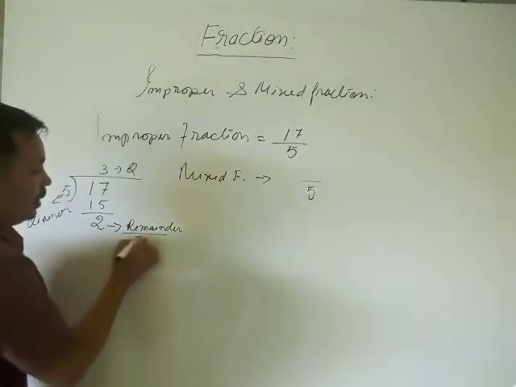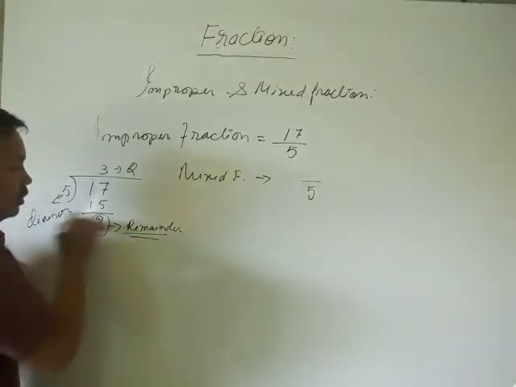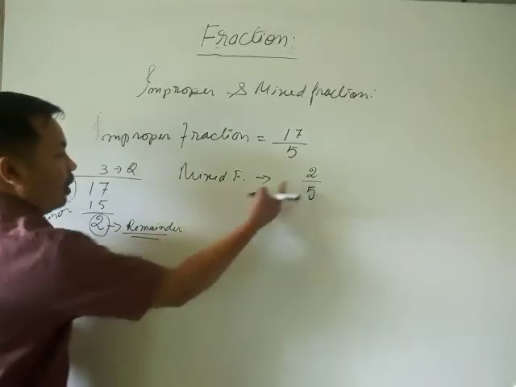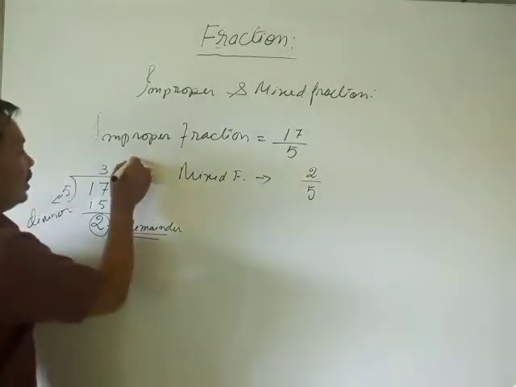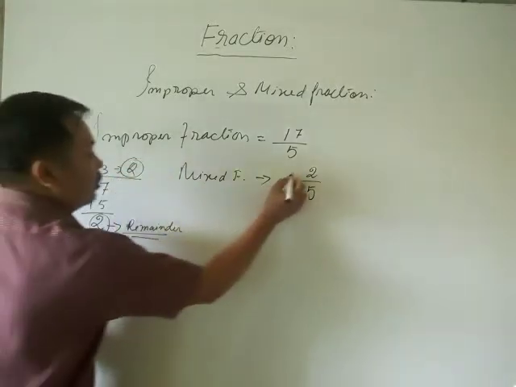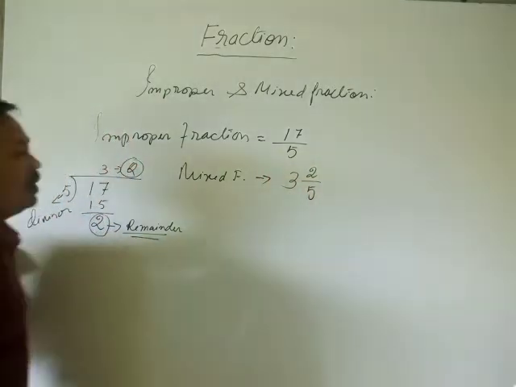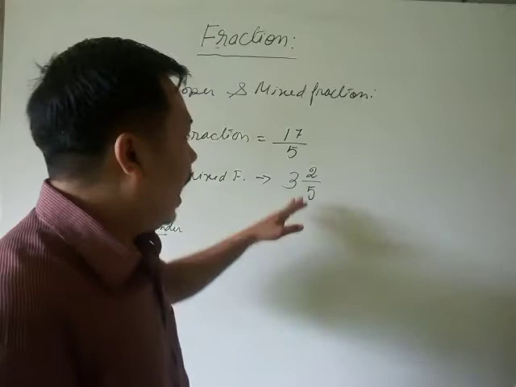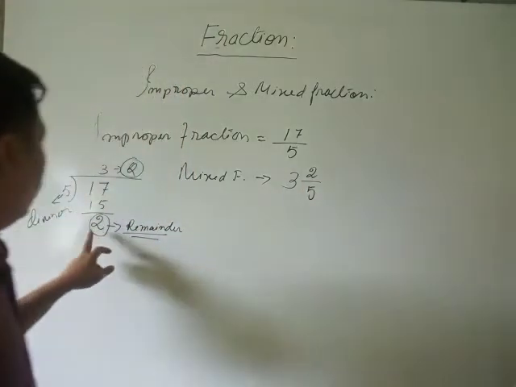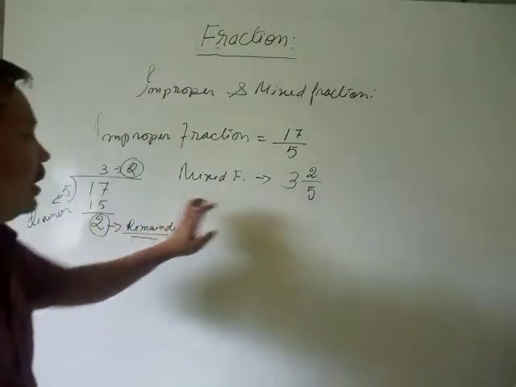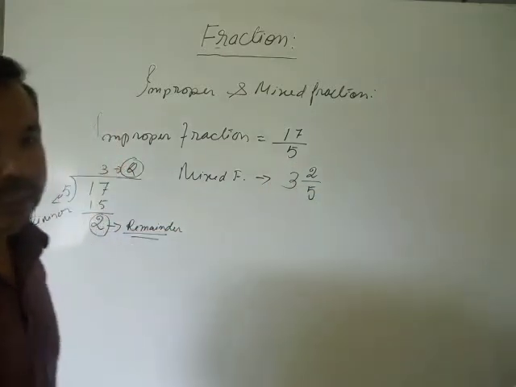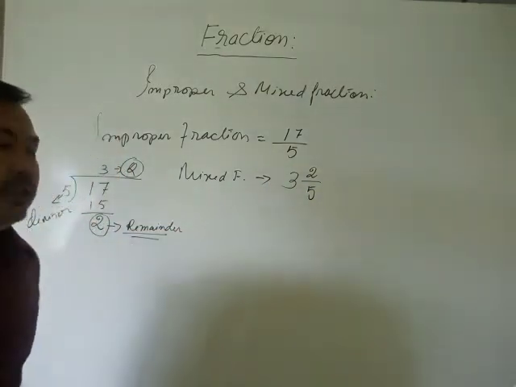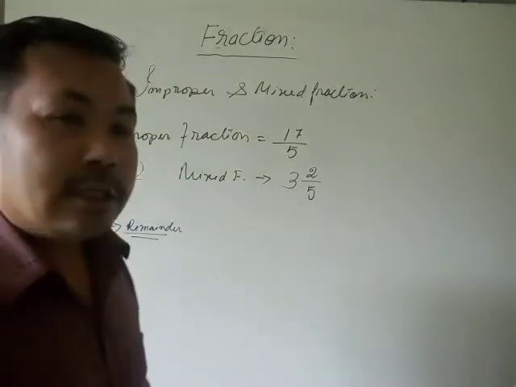Can you see the remainder here? This remainder is 2, so 2 will be kept on the numerator, and the whole number will be the quotient. The quotient here is 3, so 3 will be the whole number part, and the fraction part will be 2 by 5. 2 is the remainder and 5 is the denominator from the improper fraction. This is how we convert an improper fraction into a mixed fraction.